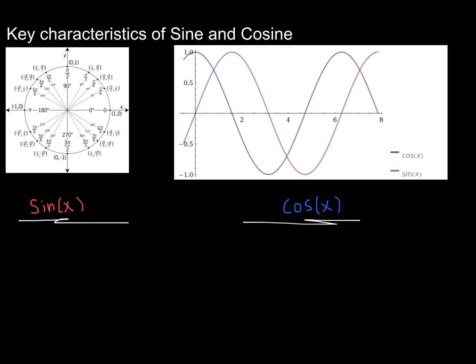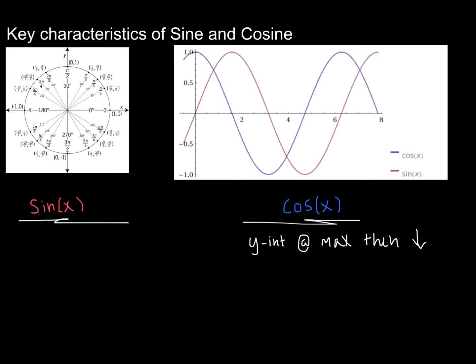And as we start to rotate in a counterclockwise fashion, cosine will start to decrease. The x-coordinate decreases, right? So cosine with no phase shift will have a y-intercept at the max, and then it will decrease in value.